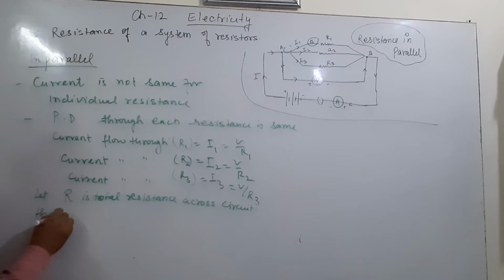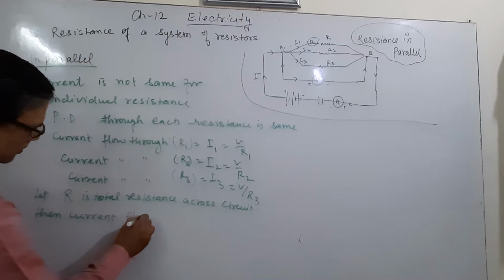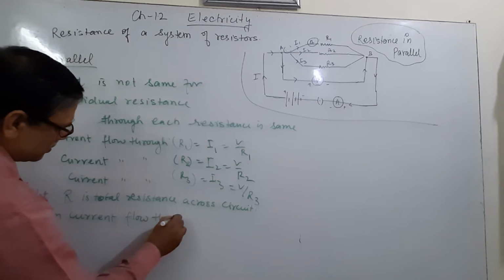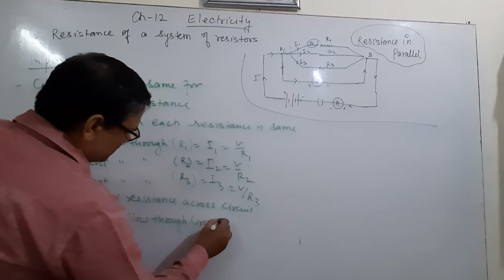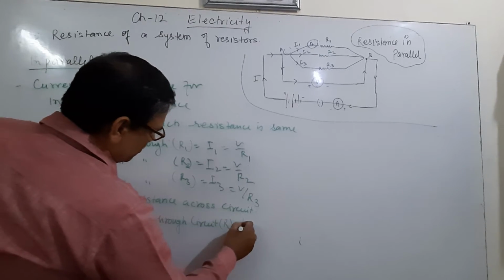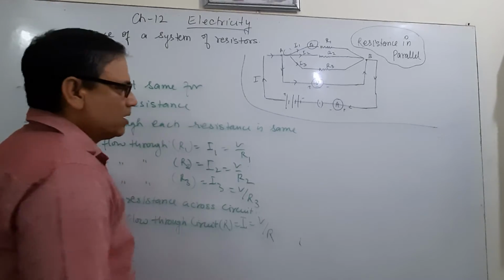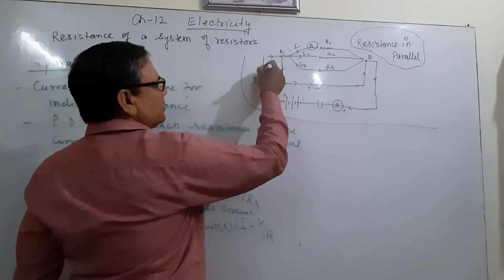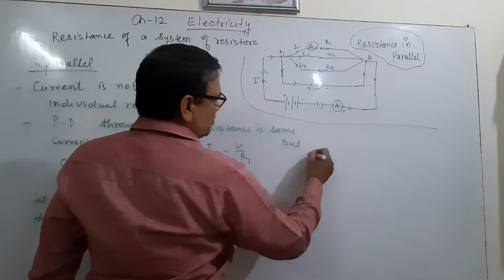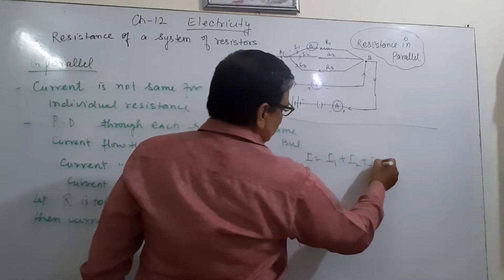Then the current flowing through the circuit is I equal to V upon R. But I is equal to I1 plus I2 plus I3.